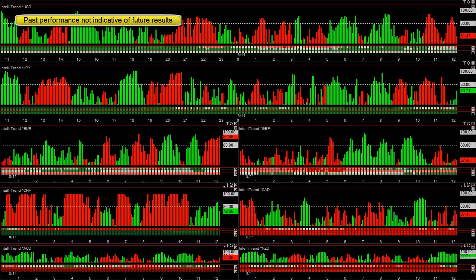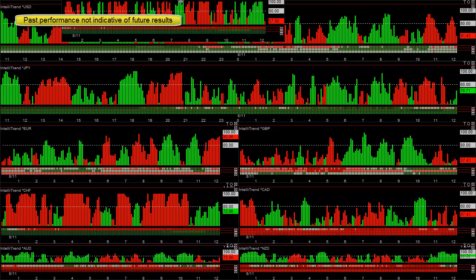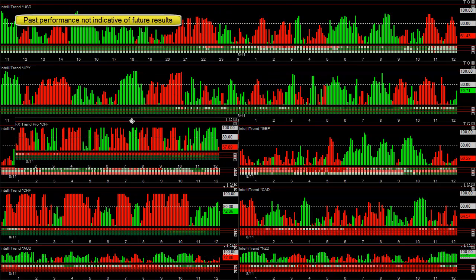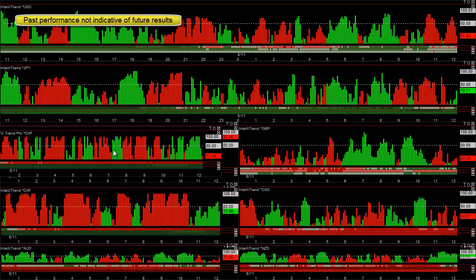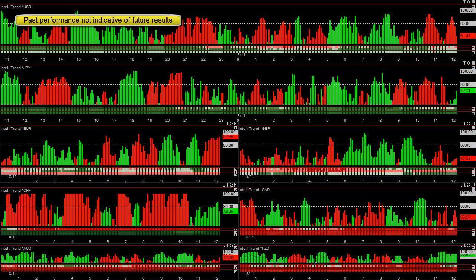For example, the Swiss. You can see that the Swiss had some strength from 7 to 8 here. This one showed up a little bit later, and at 7:55 it went weak. This is using the new tool. One of the strongest currencies at that time, coming up to 8 o'clock, was the dollar.